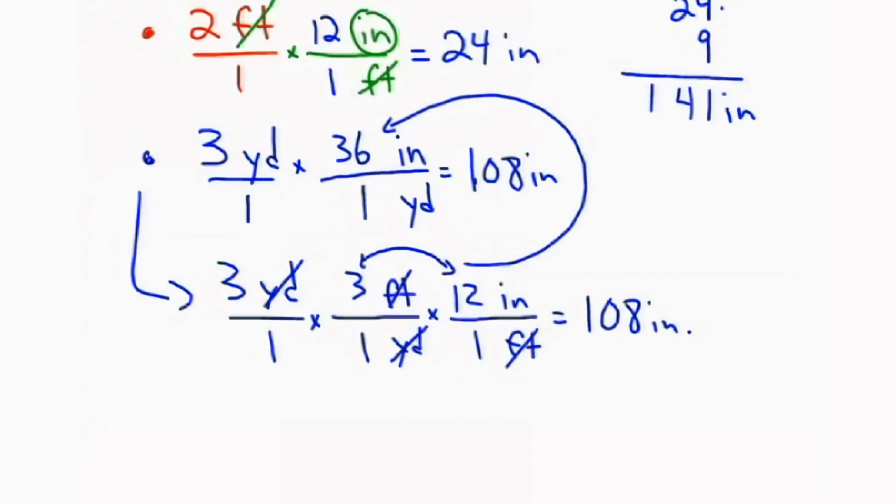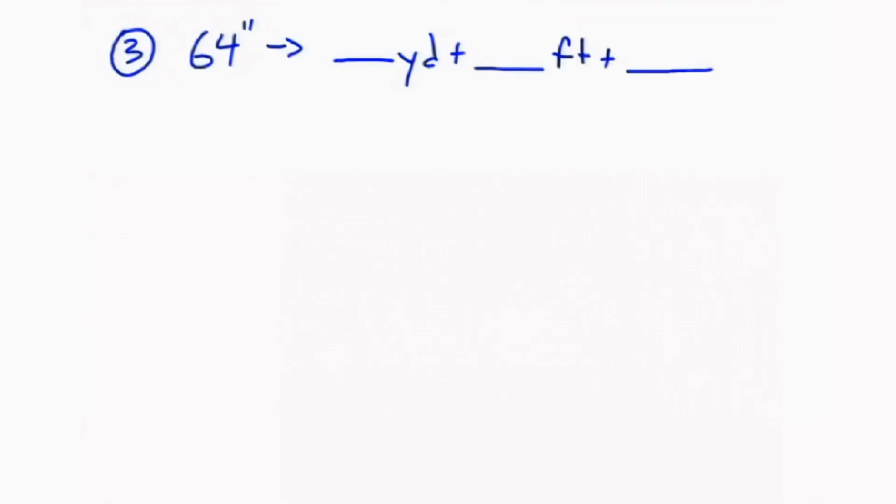And now, if we try to go the other way, in our third example here, let's convert 64 inches into yards plus feet plus inches. And if we look at that, then we have 64 inches. Well, we need to see how many whole yards.